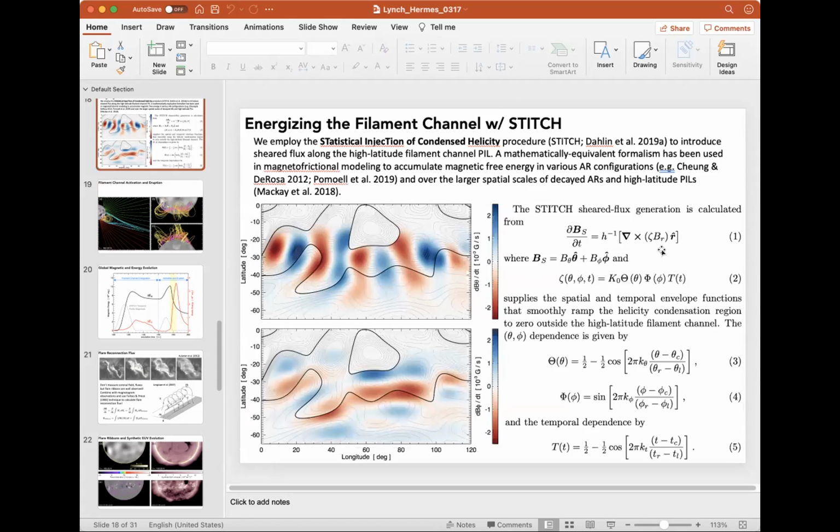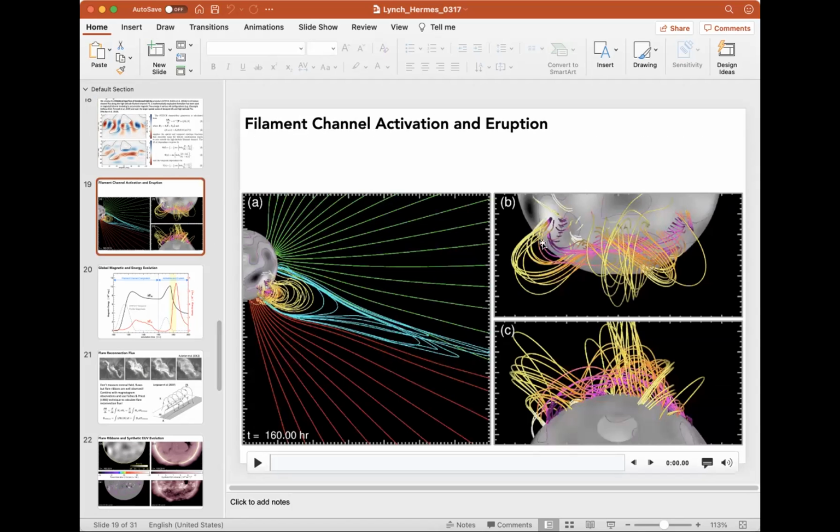Because our energization is proportional to BR, what we've done sort of by accident is stress the east limb more relative to this part of the polarity inversion line over here. And so we do inflate the east limb more than the central or west limb portions, which is why the eruption starts on the east limb, and then the zipping happens this direction.